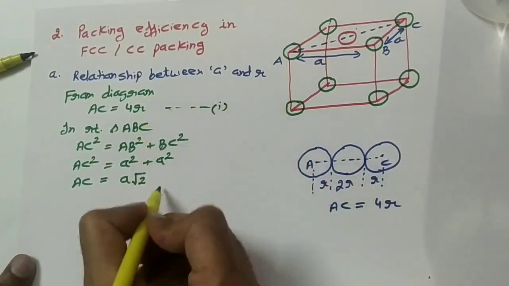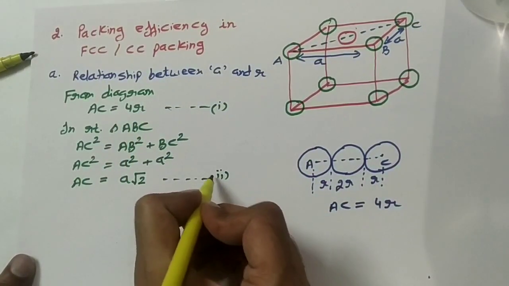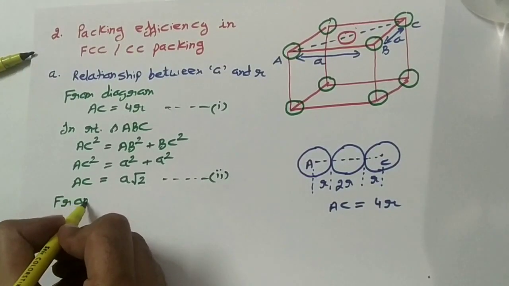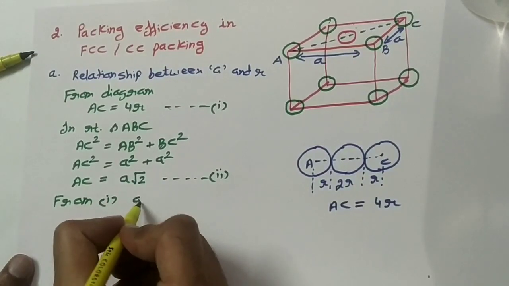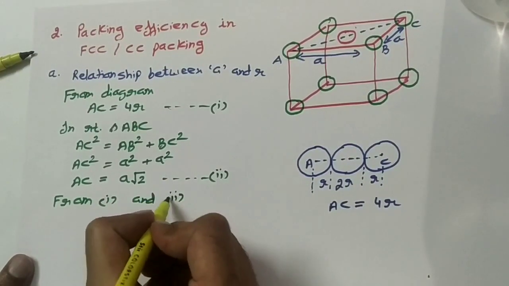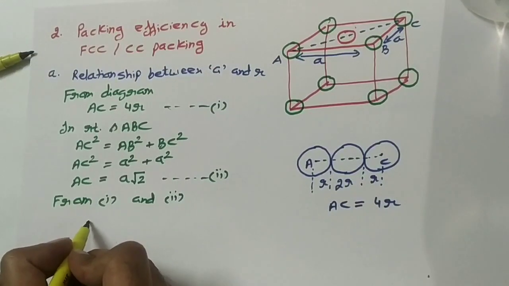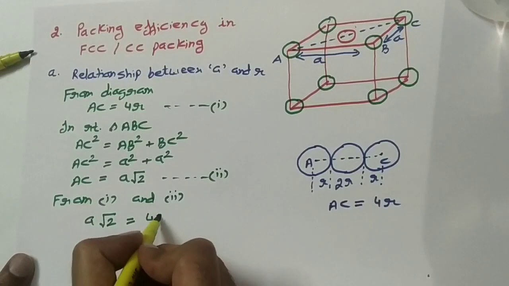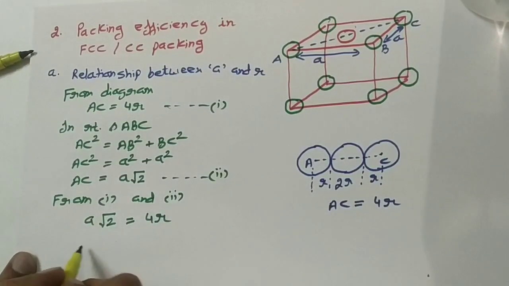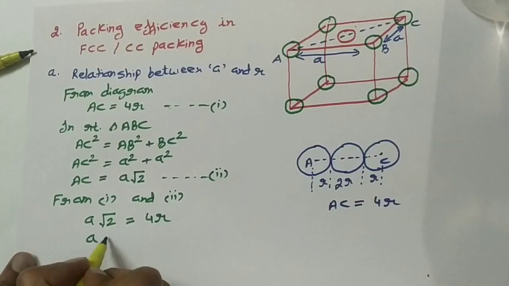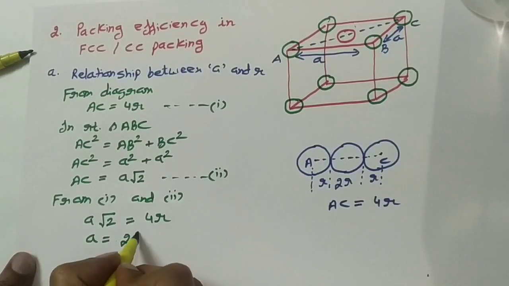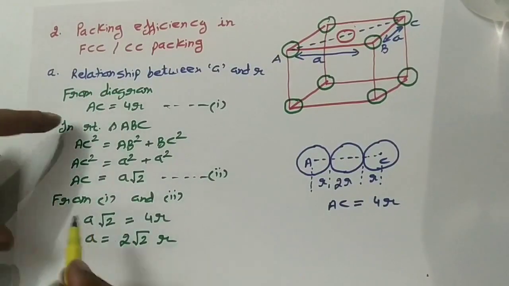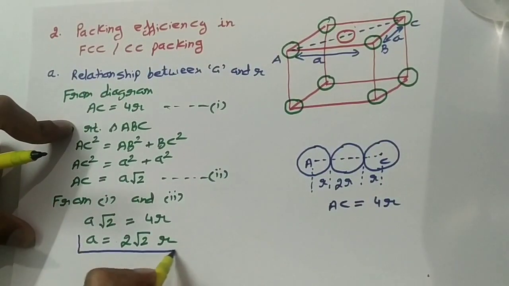Make the above equation 1 and this equation number 2. From 1 and 2 we have a root 2 is equal to 4r, or a is equal to 2 root 2 r. This is the relationship between edge length and the radius.